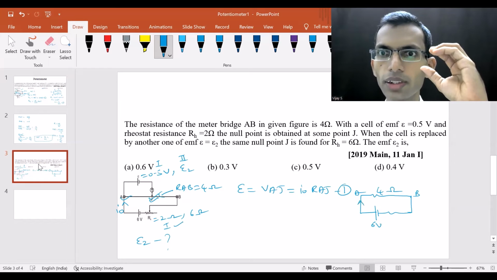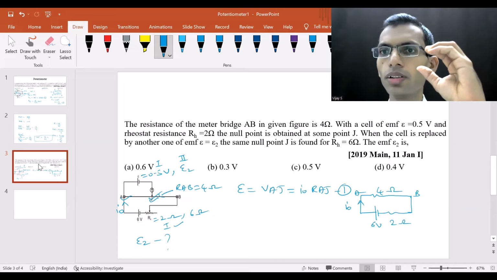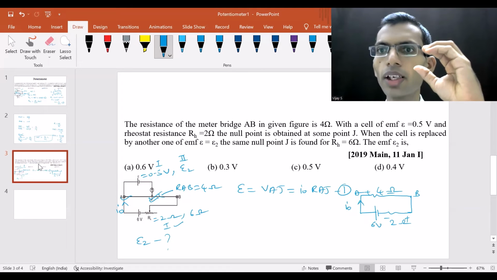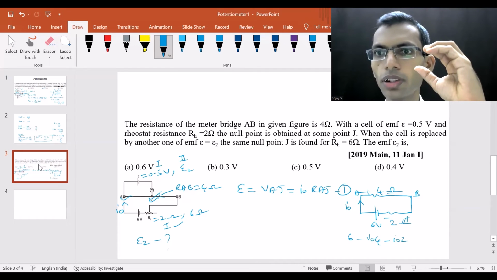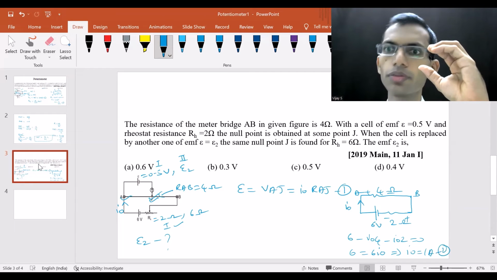Current always flows from higher potential to lower potential. When we apply KVL, 6 minus I0 into 4 minus I0 into 2 is equal to 0. So 6 is equal to 4 plus 2, 6. So I0 is equal to 1 ampere. Let me take it as equation 2.